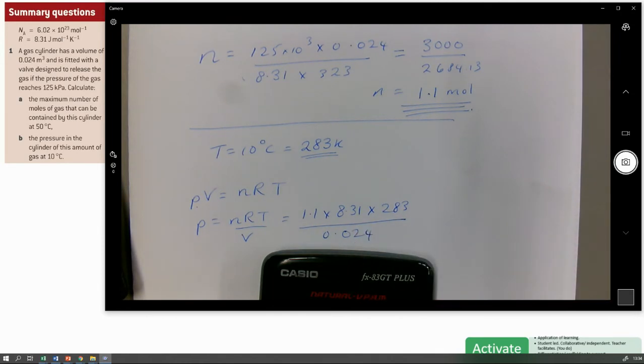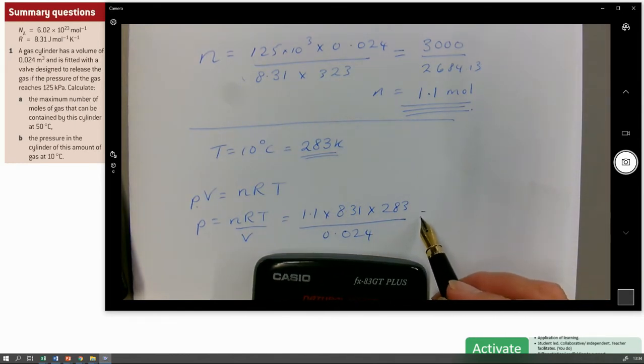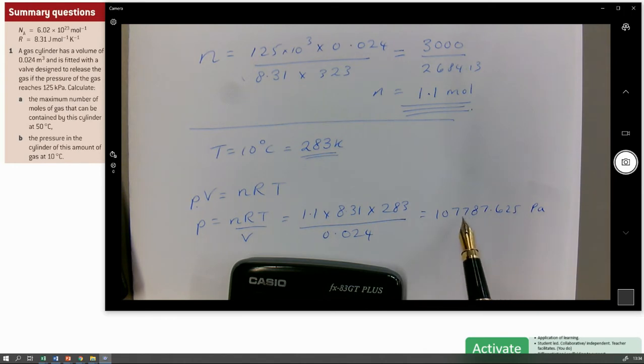So that gives me that, and then divide the answer by 0.024, and I get an answer of 107787.625 pascals. Let's call it 108 kilopascals. Job done.